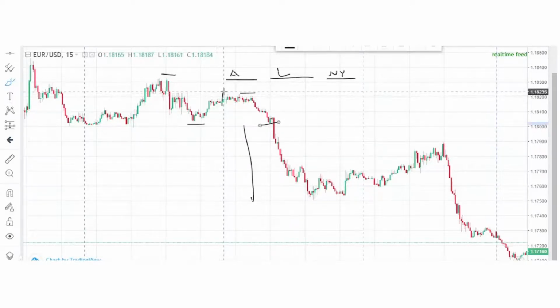So you'll agree with me that in this area the market was ranging, and this is a range, and the market broke out of this range at this point here. Let me do this. So this is the range here.